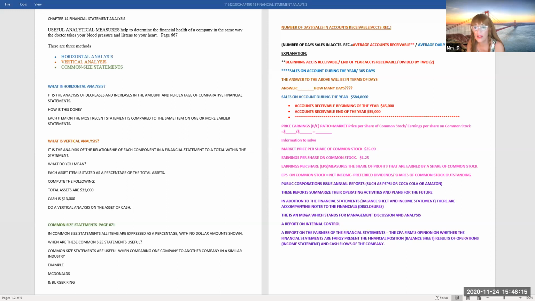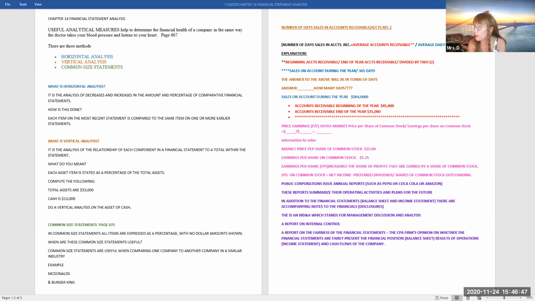Does anybody have any ideas on how to compute the average accounts receivable? Well, when you average something, usually you have to divide by 2, correct? Oh, that's okay, Hendrik. Don't worry. I'm happy you're here. So the first thing you're going to do is take the beginning balance of accounts receivable.